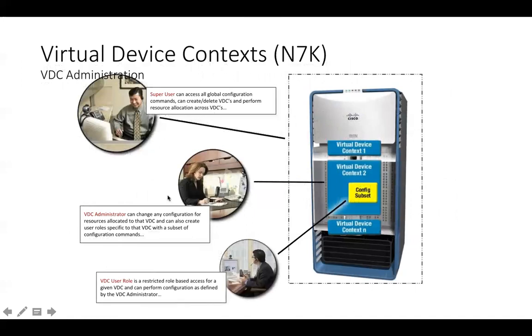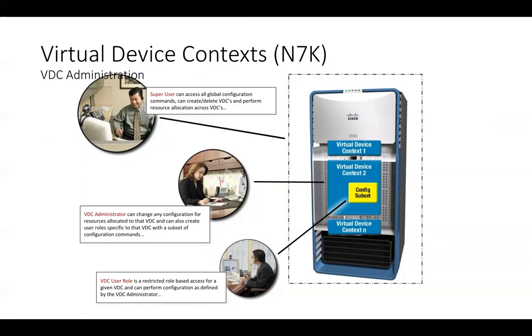Now, how to configure VDCs. Okay. Let's say you have configured one VDC. From where are you going to configure those? In default VDC or admin VDC, depending on your implementation, right? So we have something called super user, where we have network admin role or network operator role users.